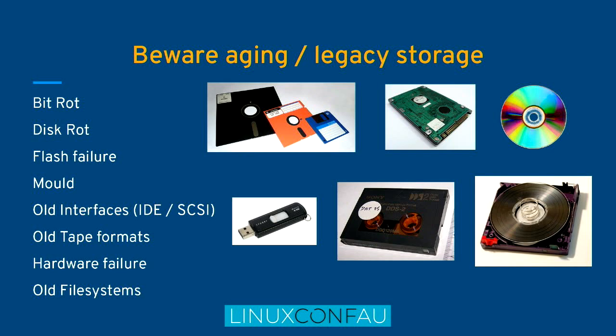Bit rot can occur on a wide range of these. Do any of you remember the phase where there was a massive amount of bit rot on optical disks, particularly printed audio CDs? Philips and Phonograms spent an incredible amount of money replacing CDs that were assumed to last for 100 years and were actually rusting within 2 to 3 years.